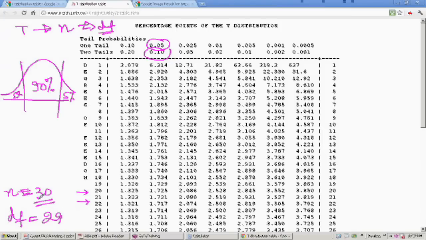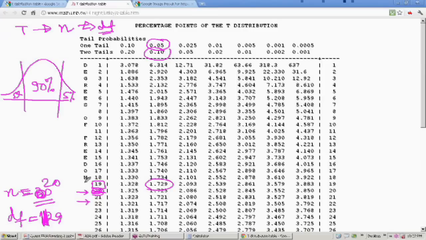Or let's say the sample size is 20, what is the degree of freedom? 19. So sample size is 20, but we will not look at that, we will rather look at degree of freedom which is 19. The probability is 0.05, so we will look at 1.729.